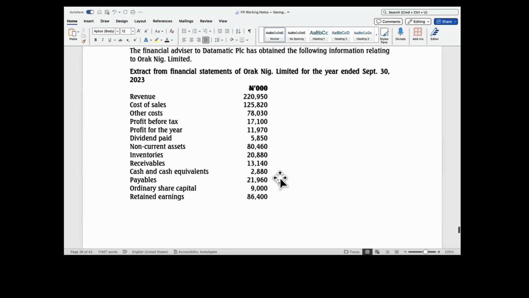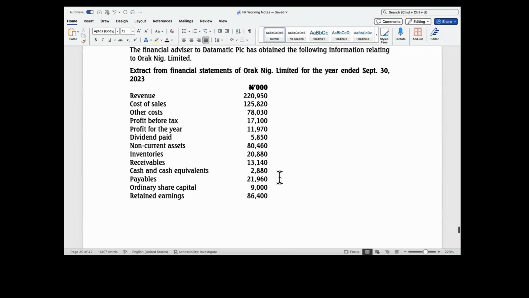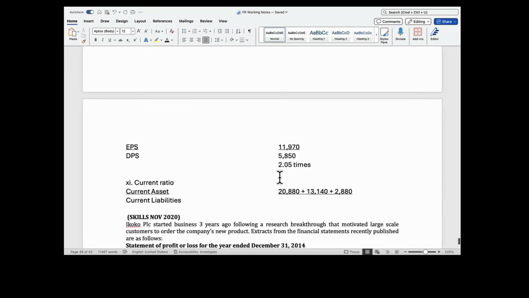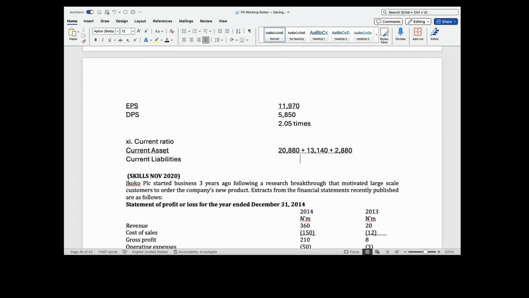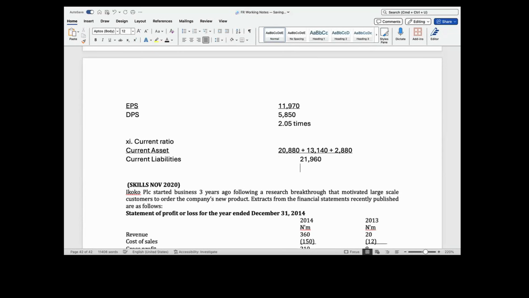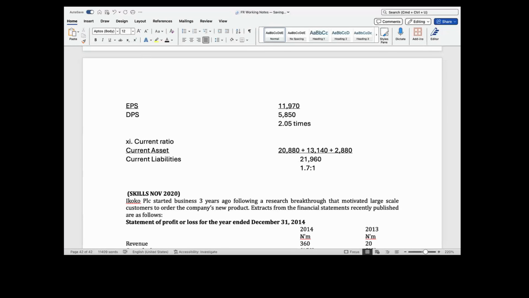It's only payables, 21,960. That's the only current liabilities item we have here. So just give me the final answer. 1.7. 1.7 ratio what? 1.7 to 1.